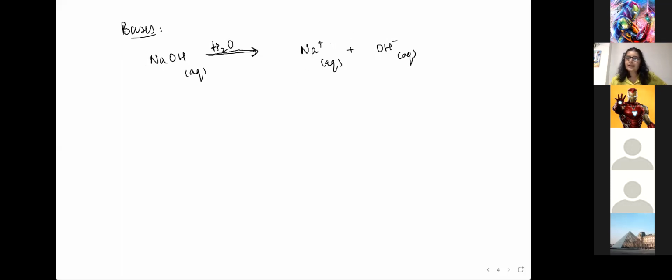Can't we write it as reactant? If you write it as a reactant, then write another H2O over here, basically, because H2O is always present. That's the medium. Yeah, in H2O, this whole thing is happening.